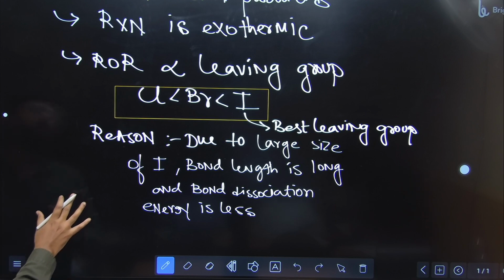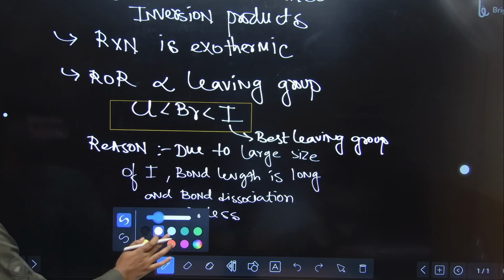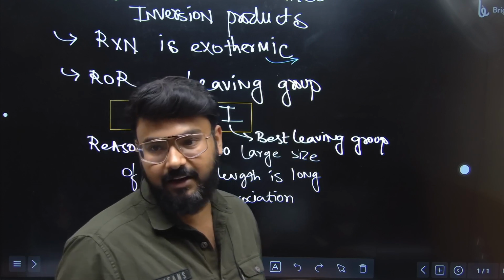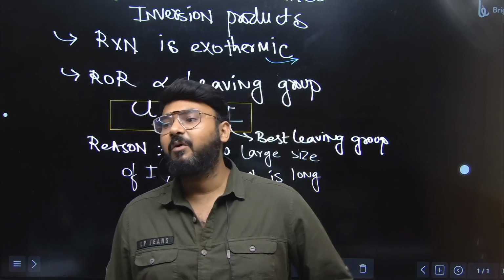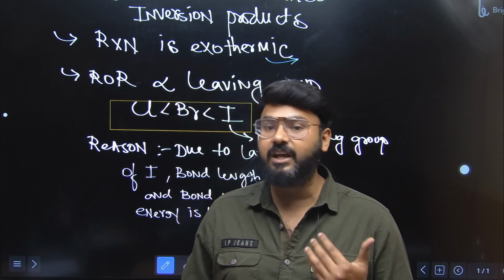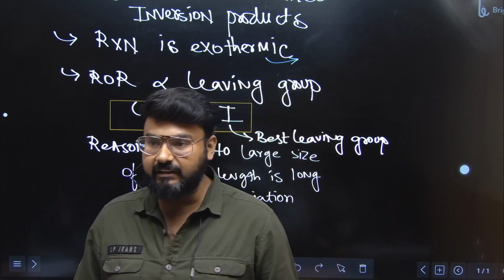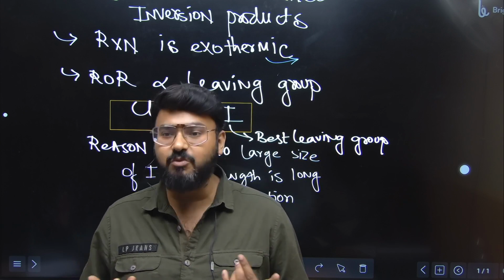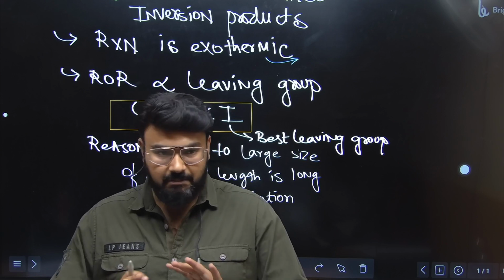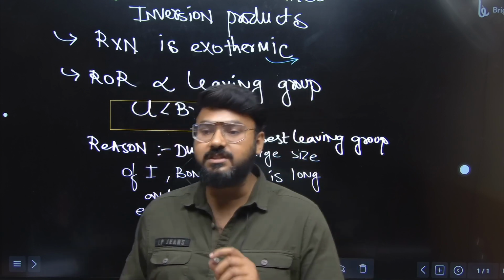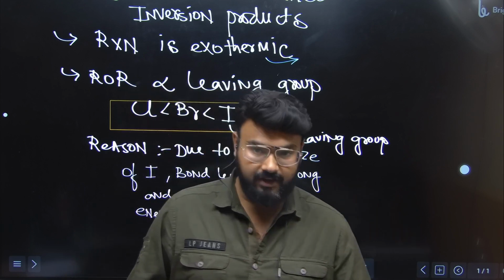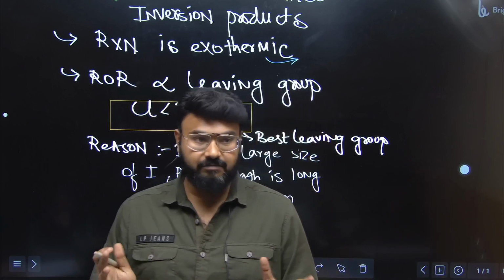One more thing, guys. Remember, because it is exothermic, how many people remember Le Chatelier's principle in equilibrium? When you disturb the equilibrium by adding heat, adding pressure, or removing the concentration of a reactant, somehow if you disturb the reaction, it will try to undo the effect, negate the effect of the changes made.